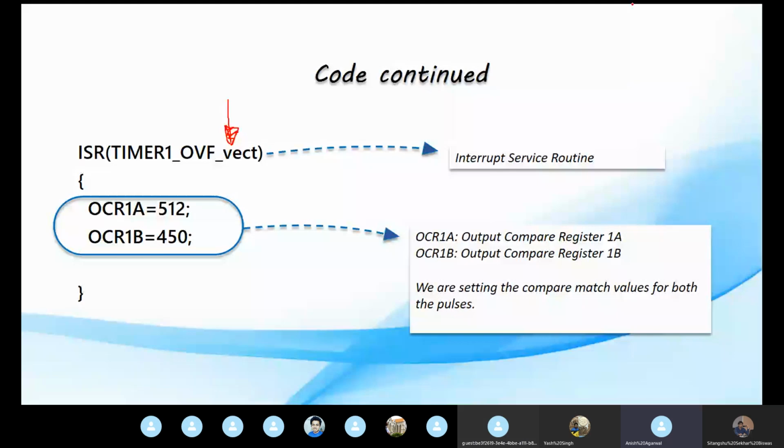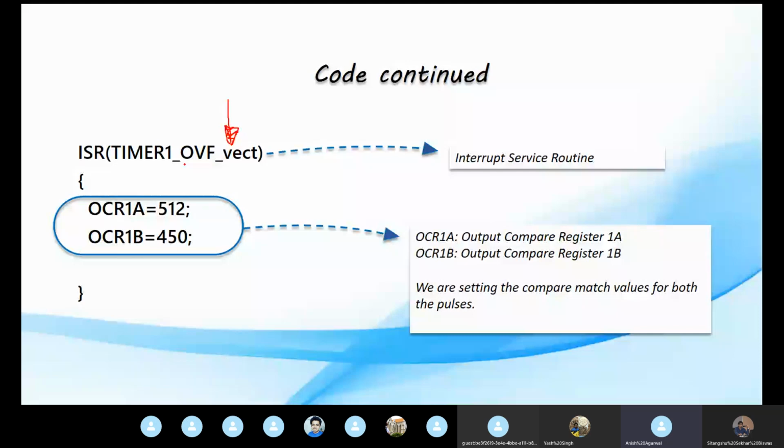In this one cycle, we have told the microcontroller that when counting from 0 to 1024 and you reach 512, the OCR1A, if you remember, we had told it to set while up counting. So it will initially be 0 from a count of 0 to 512. As soon as it encounters 512, the OCR1A pulse will be set to high.